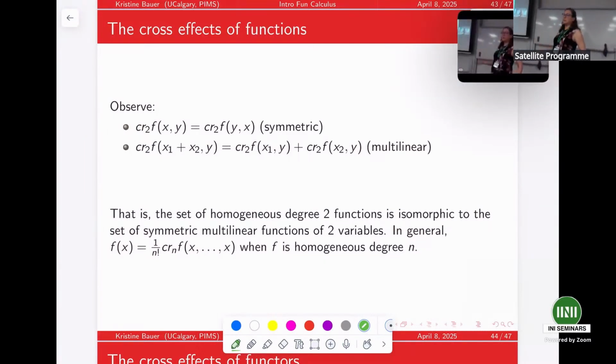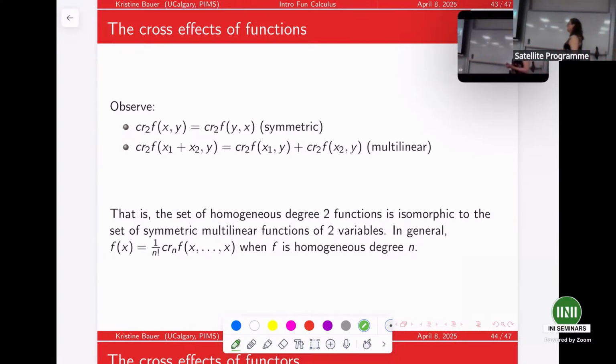So this thing that I did where I took the alternating sum depending on how I broke up the sums, you can generalize that to what happens if I added up n different variables. Instead of 2 variables, you will get a thing called the nth cross effect. And it will recover homogeneous degree n functors, but with this factor, 1 over n factorial.